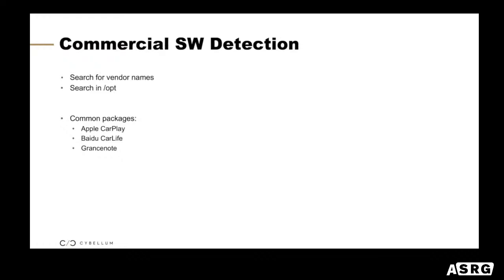So you can use your know-how on what to look for, because there could be commercial software packages inside the firmware, and you have to detect those as well. Not always will they have publicly known vulnerabilities, but they could be important for software analysis and also for binary code analysis that you may want to perform on these commercial applications.